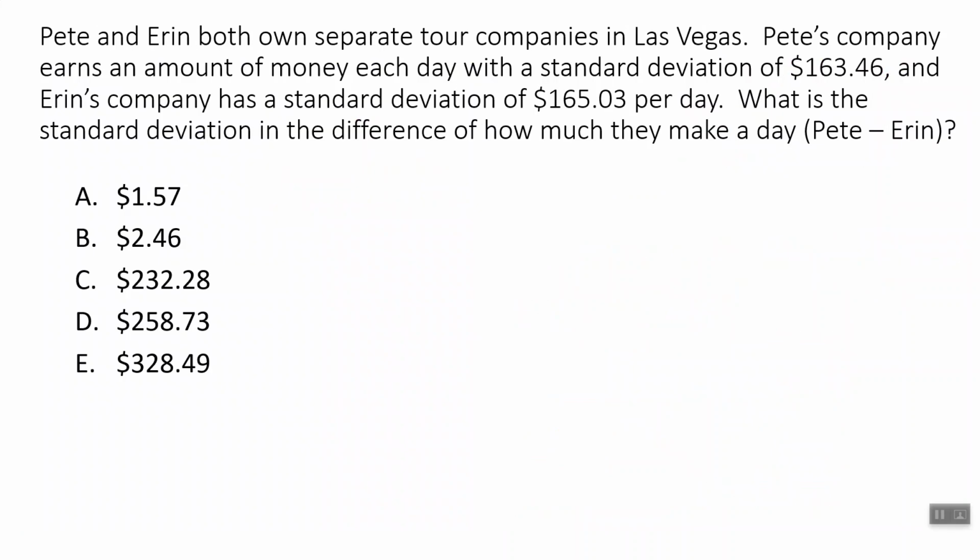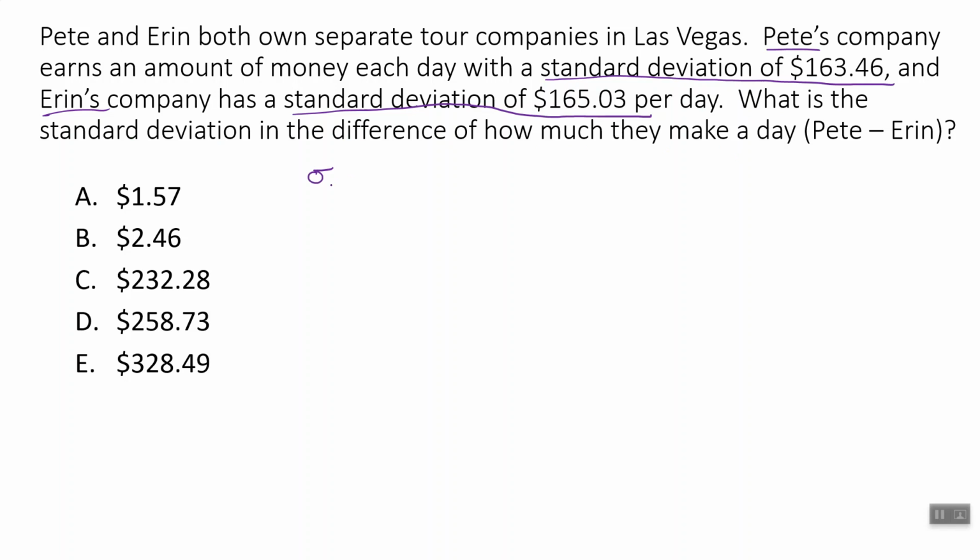All right, last one here. Pete and Aaron both own separate tour companies in Las Vegas. Pete's company earns an amount of money each day with a standard deviation of 163.46. And now we're at Aaron's company. Her standard deviation is 165.03. What is the standard deviation of the difference of how much they make?